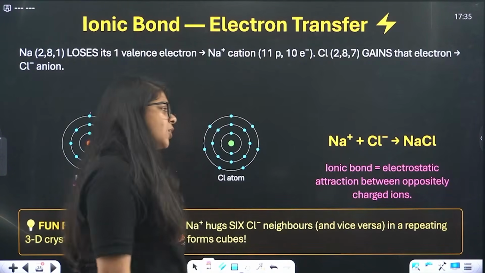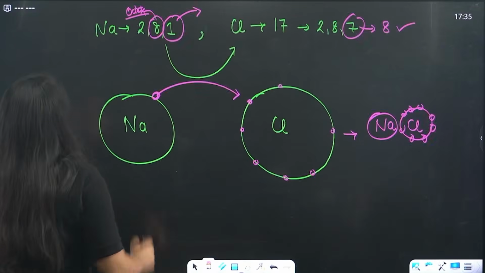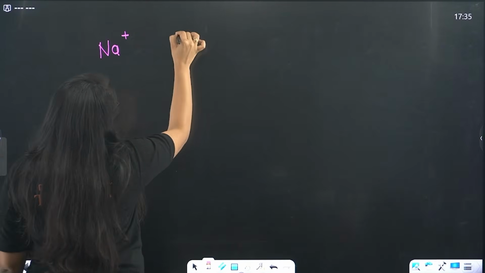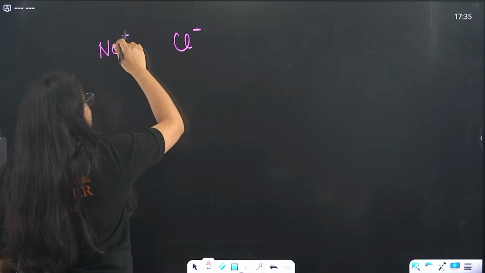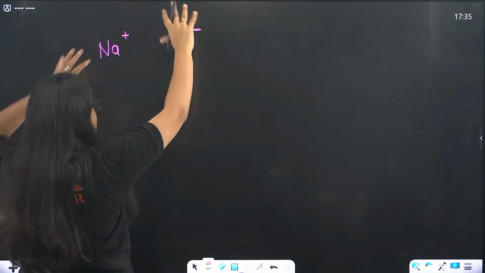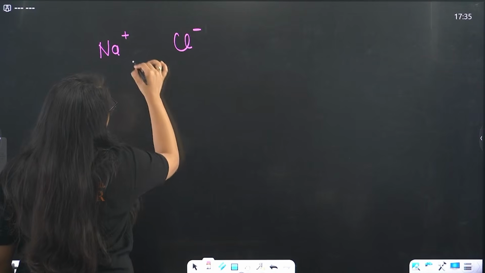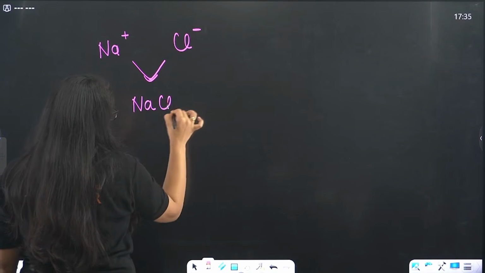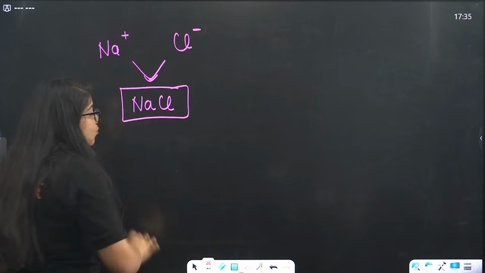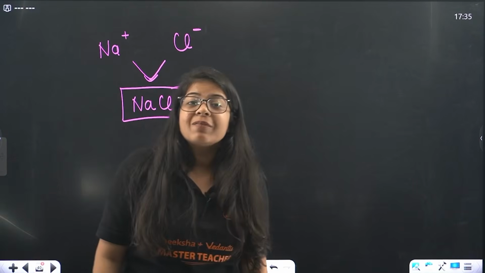Now you have studied one thing, that whenever someone loses electrons, it gets a positive charge. Whenever someone gains electrons, it gets a negative charge. It lost one electron, it gains one electron, so a single positive and negative charge. And when they combine, an ionic bond is formed, NaCl. Ionic bond means bond between ions.